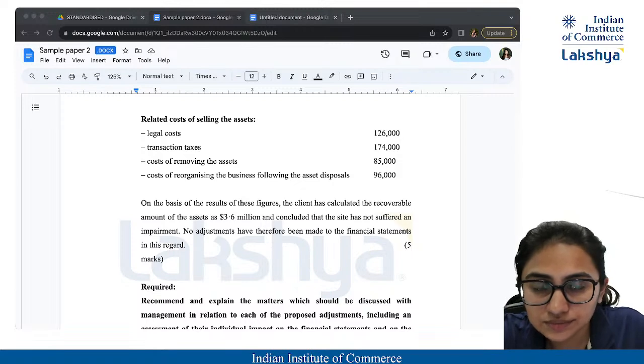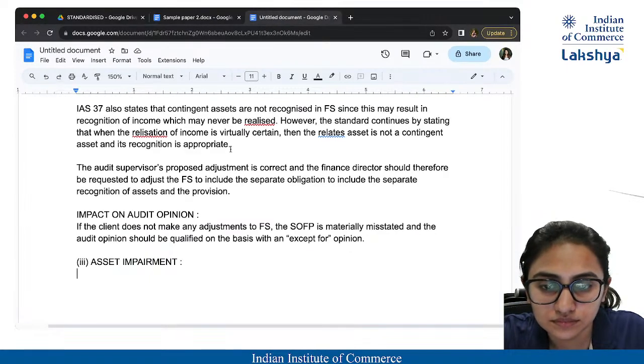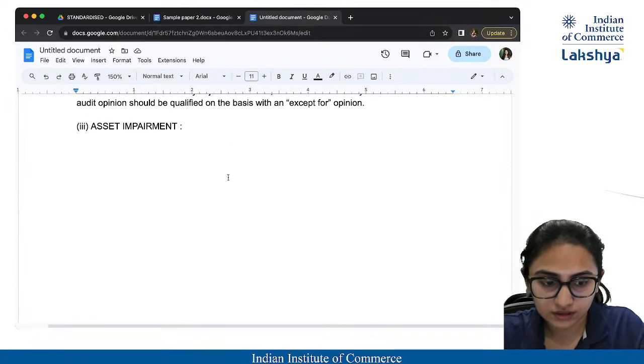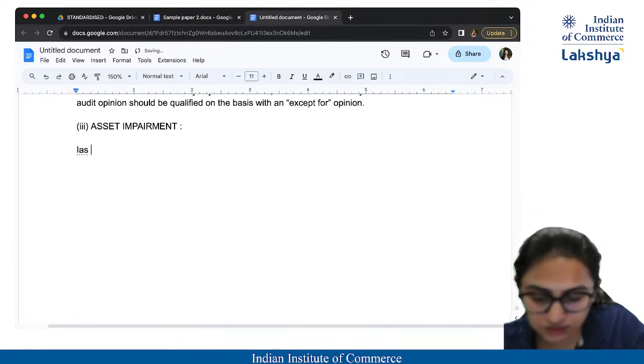So let's write down. As I told you, you have to use IAS 36 impairments.